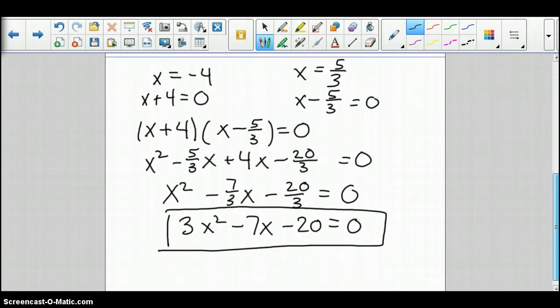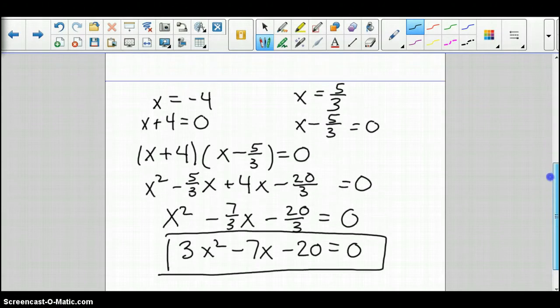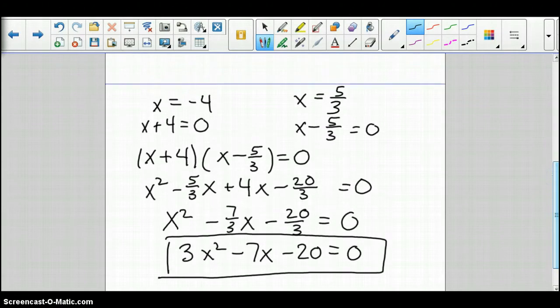The second method, I took them separately and ended up multiplying them and set that equal to 0. I double distributed or FOILed it out, and I got the same answer. Check to see, maybe I made some mistakes, maybe you made some mistakes. Just check it out, see what you got.